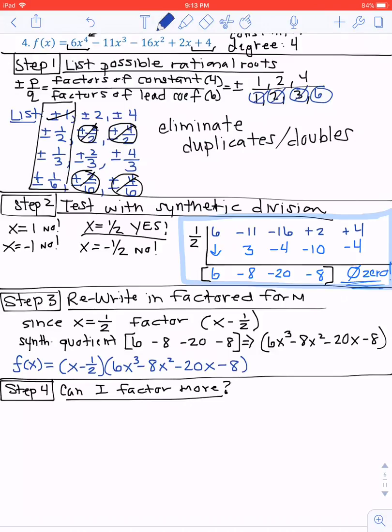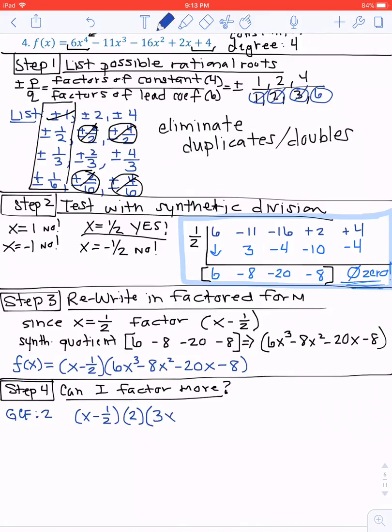If you did the teacher problem, so the part 1, there's a pattern to it. If you have x minus 1/2, then you are guaranteed a greatest common factor of 2 that can divide out. So we have x minus 1/2, and we're going to reduce our cubic polynomial by 2.